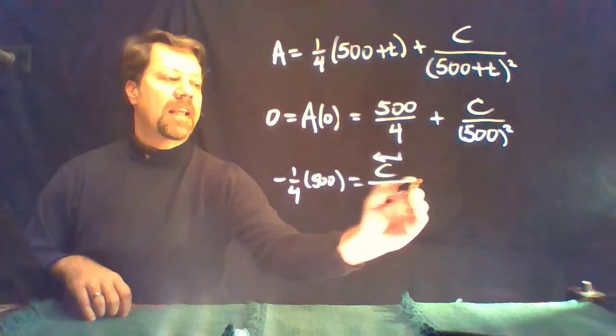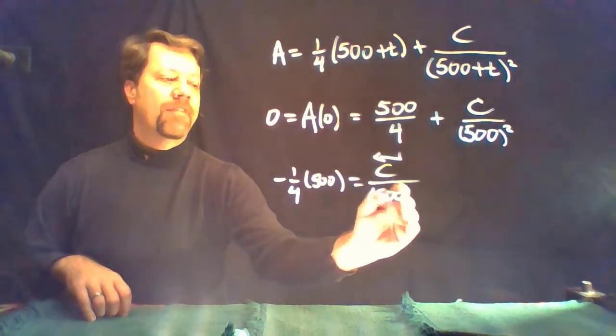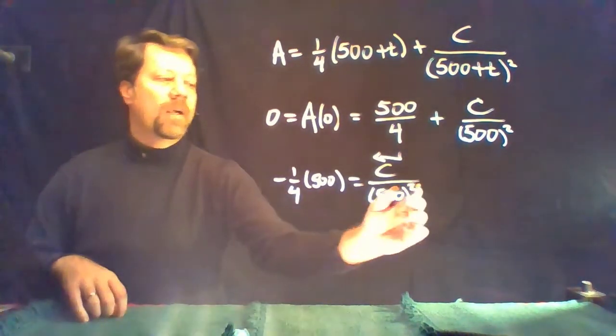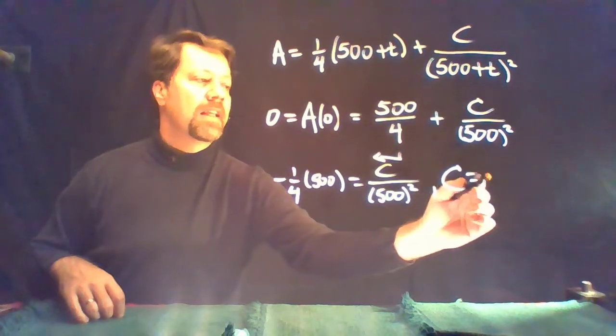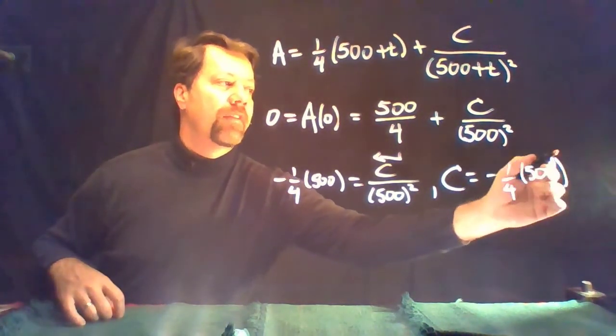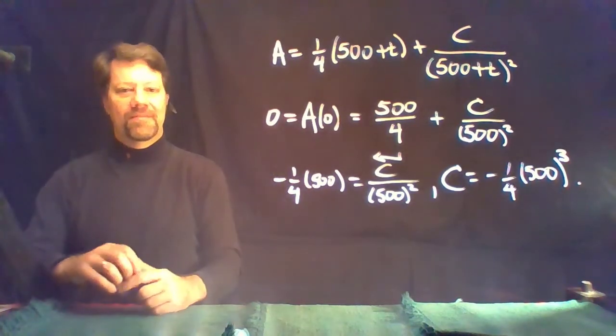500 equals c divided by 500 squared, and then we'll multiply both sides by 500 squared. We deduce that c is minus 1/4 times 500 cubed.